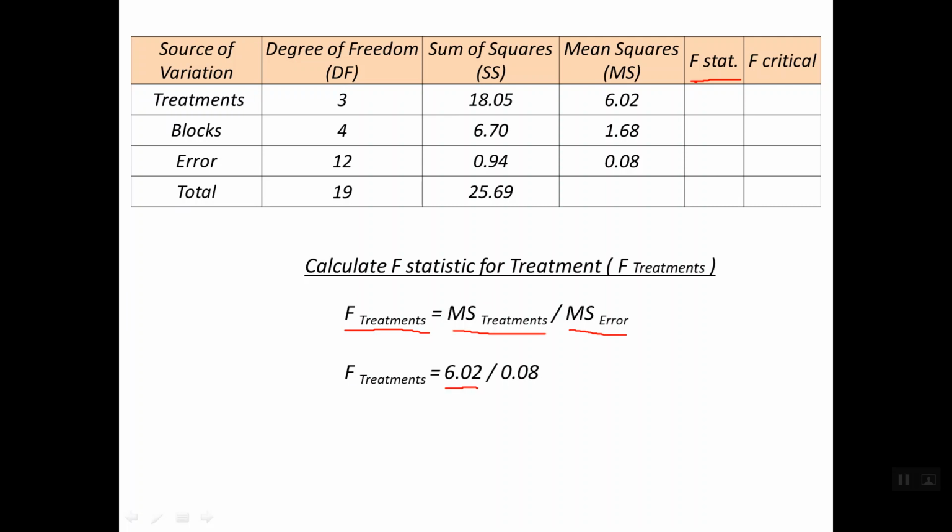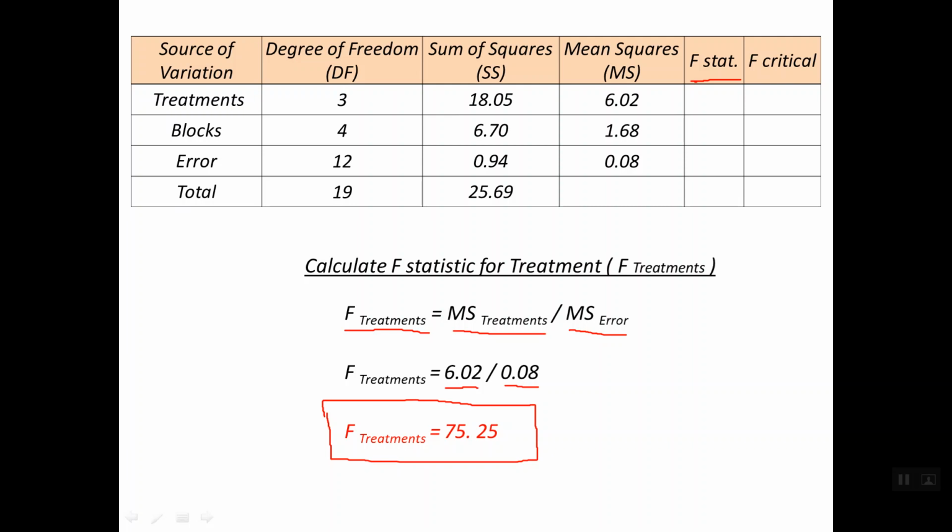This is the value of the MS for the treatment, and this is the mean square for the error. So the value of the calculated F or statistics F is equal to 75.25.